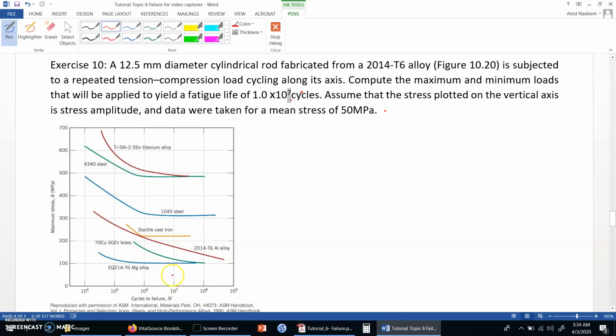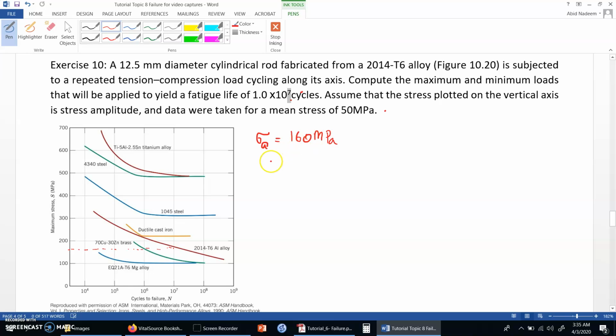So if you move along this line, and then plot a line parallel to here, you can take approximately 160 megapascal. So the stress amplitude you can take as 160 megapascal.